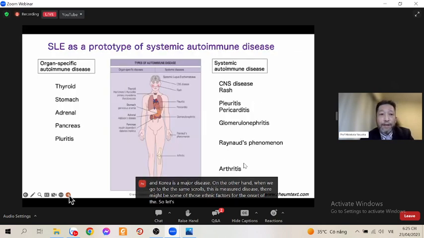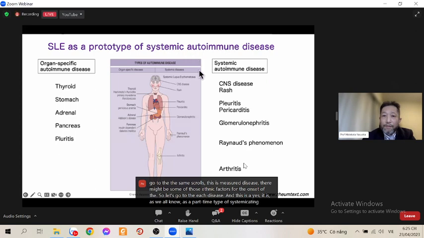Let's go to each disease, and this is SLE. SLE, as you all know, is a prototype of systemic autoimmune disease. SLE has various organ involvements shown here, but it doesn't usually include pulmonary hypertension, because the prevalence of pulmonary arterial hypertension is relatively low in SLE, about 3%.